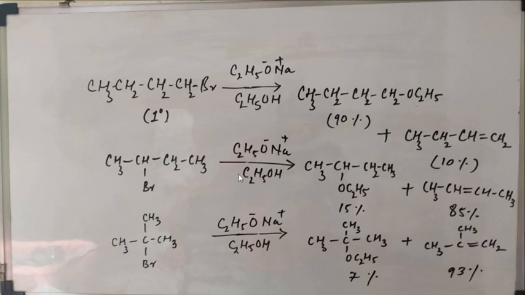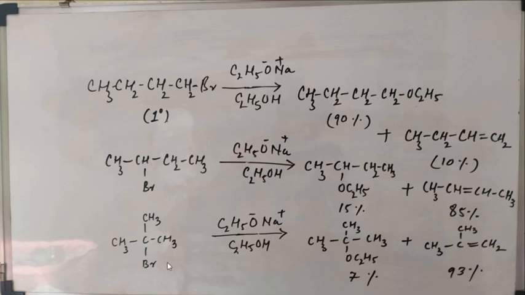For the strong base it would be very difficult to approach the electrophilic carbon for the substitution reaction because of steric hindrance. Rather, it is easier for the base to abstract the beta hydrogen from here and give the elimination as the major product. So 85% of the elimination product and only 15% of the substitution product is obtained.